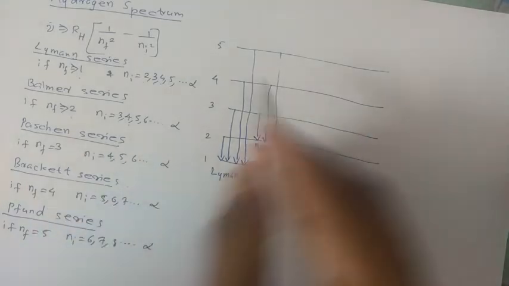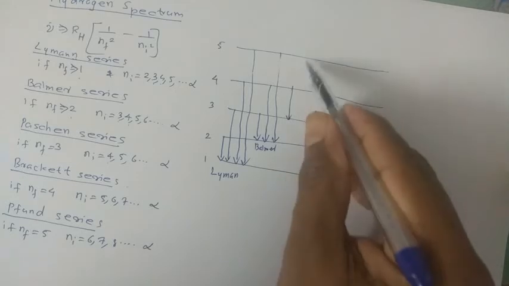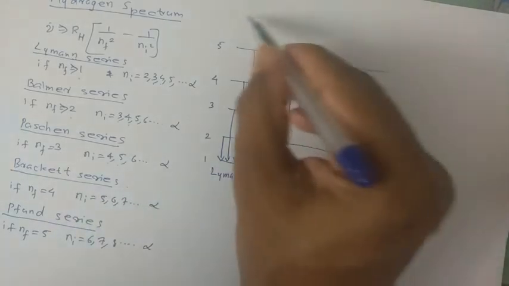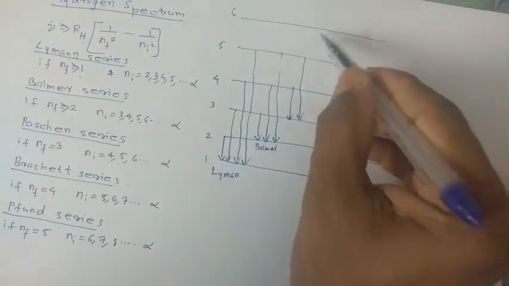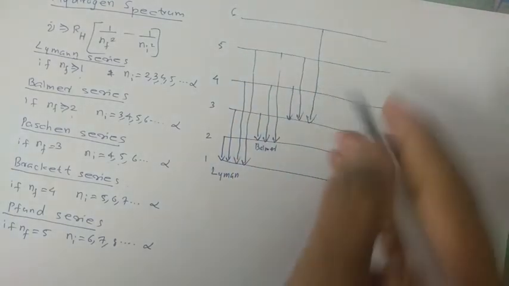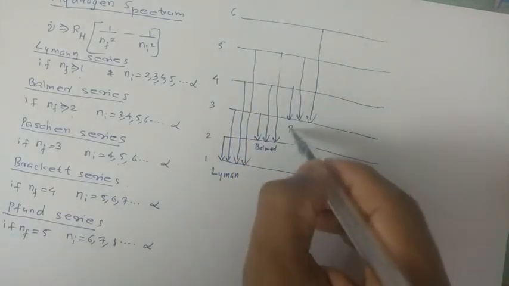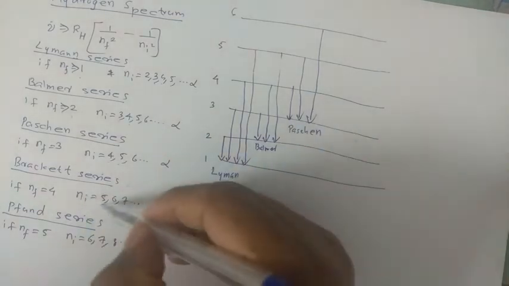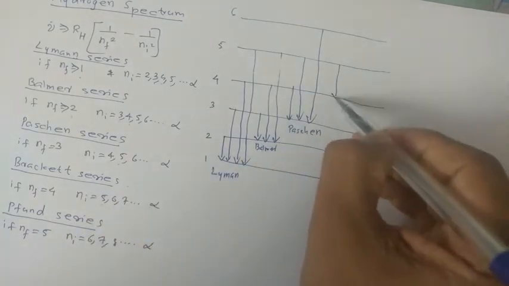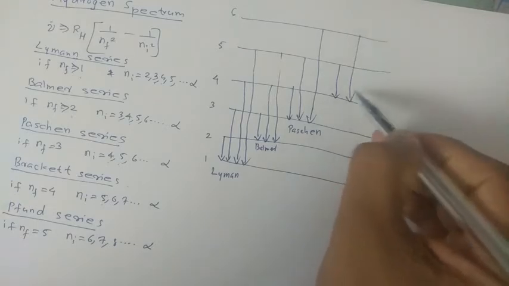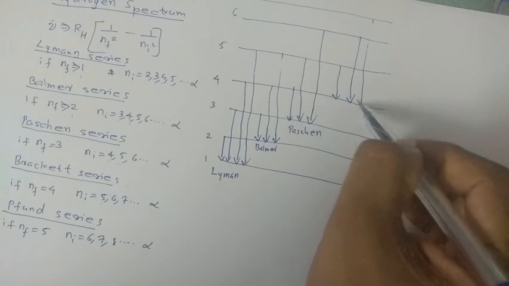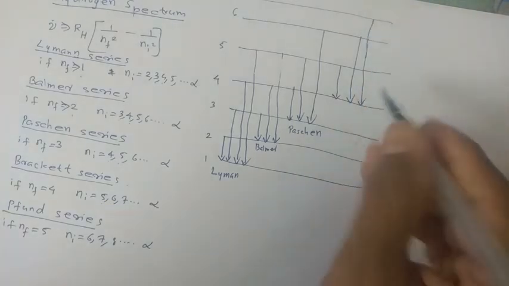Then Paschen: 4 to 3, then 5 to 3, then 6 to 3, the Paschen series. Then Brackett: 5 to 4, 6 to 4, 7 to 4.